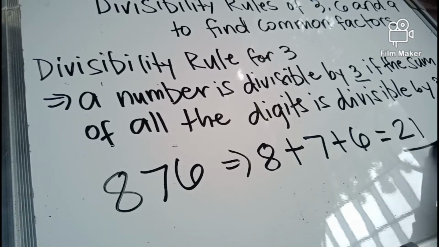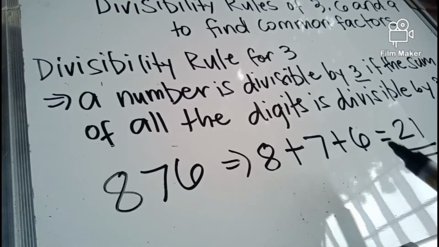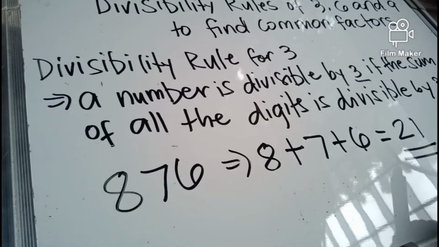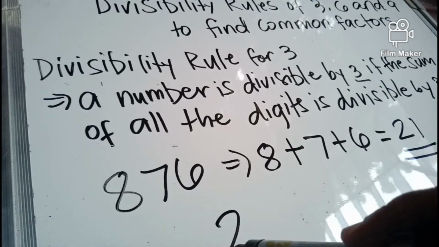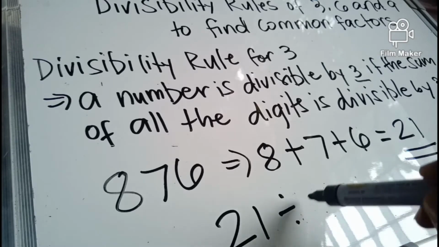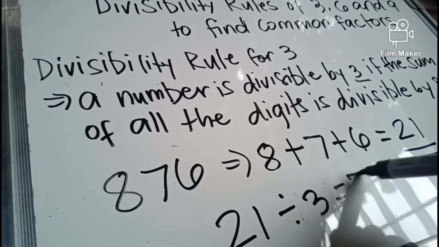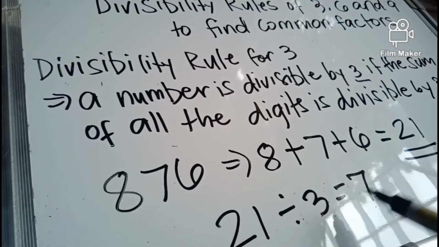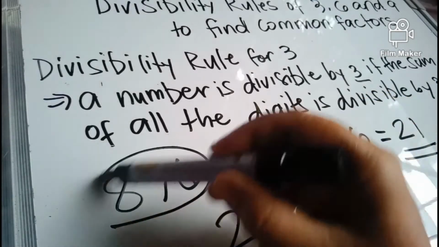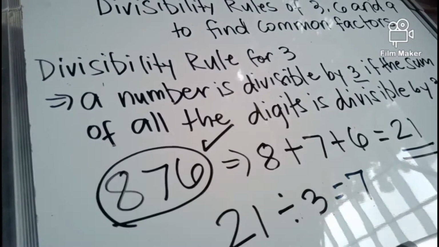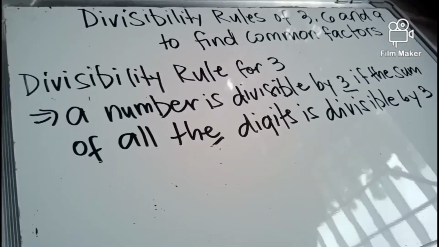So, yung sum ng numbers na 876 is 21. Titingnan natin if 21 is divisible by 3. So, we have here 21 divided by 3 equals 7 without remainder. Therefore, 876 is divisible by 3.